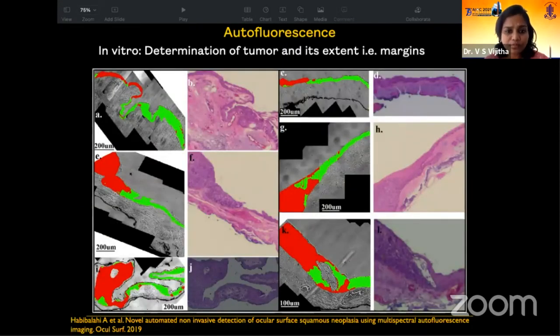In vitro, OSSN has been shown to have a different spectral signature from normal conjunctival epithelium. And in this, by using a technique of false color coding and artificial intelligence, the margins of the lesion could be exactly mapped.